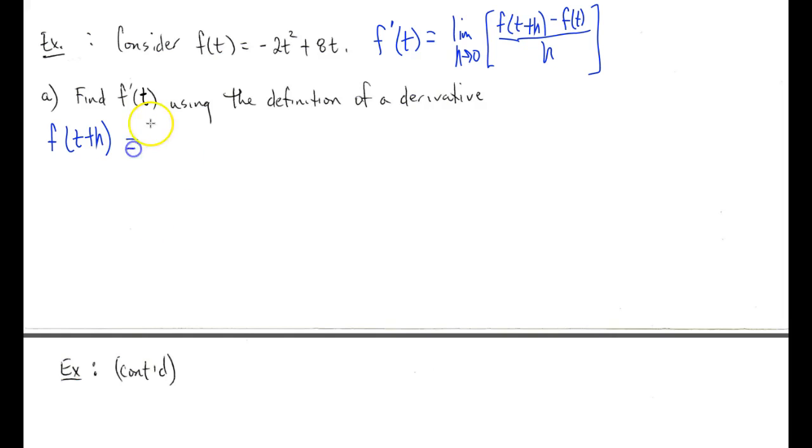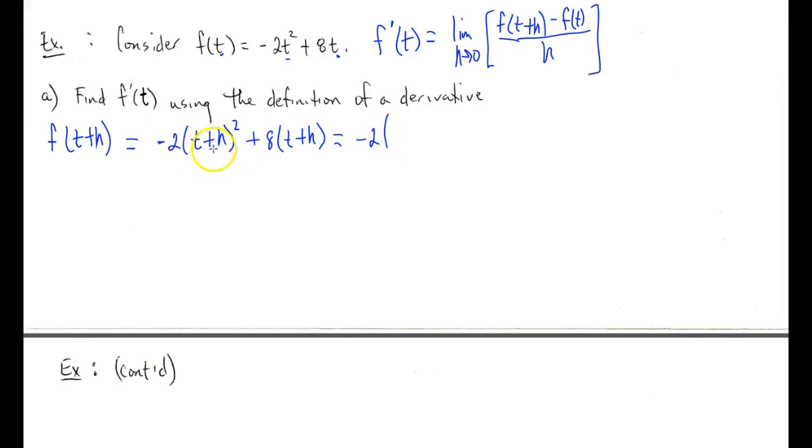So first thing that we need to find out, well, what is f of t plus h? Okay, so this basically says wherever we have t here, we're going to now replace that with t plus h. So we have negative 2 times t plus h squared plus 8 times t plus h.